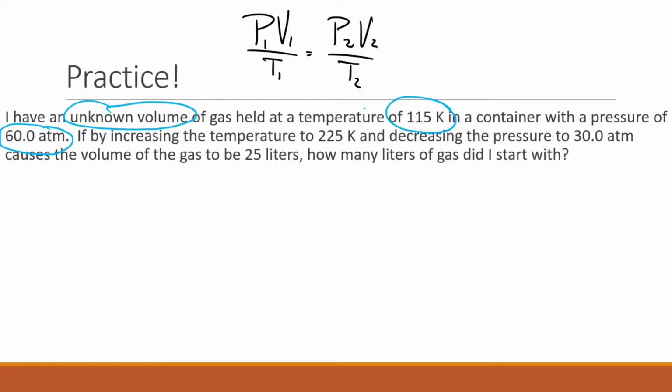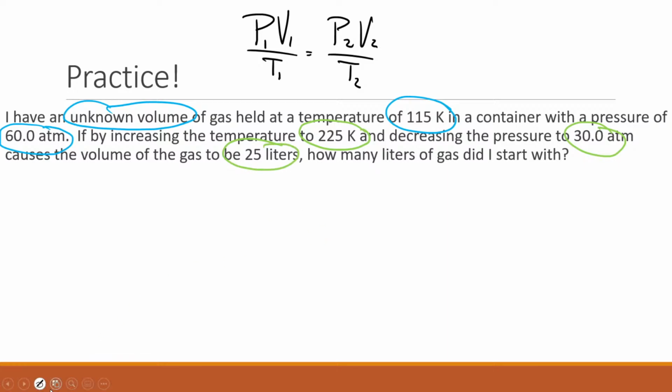These three factors all come in the same sentence, meaning they're all either a before or an after. And they give us a temperature, a pressure, and a volume. In the following sentence, we get another temperature, another pressure, and another volume.